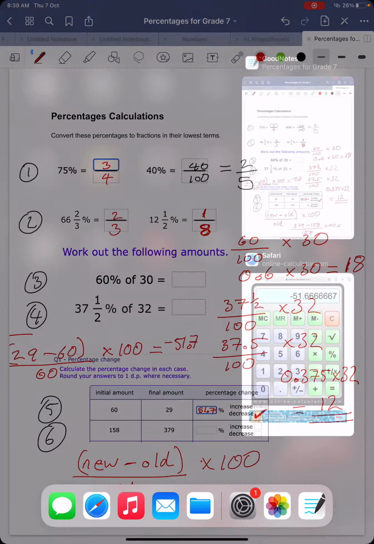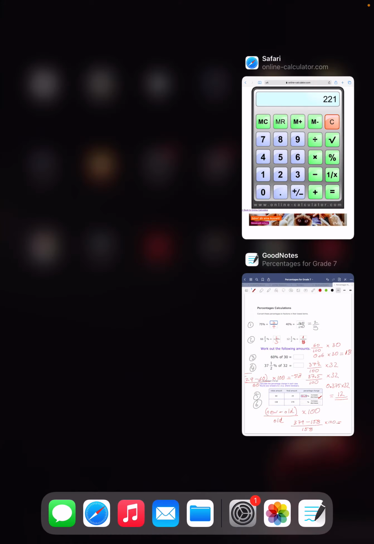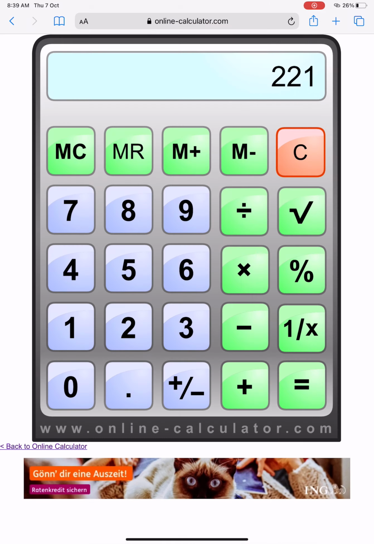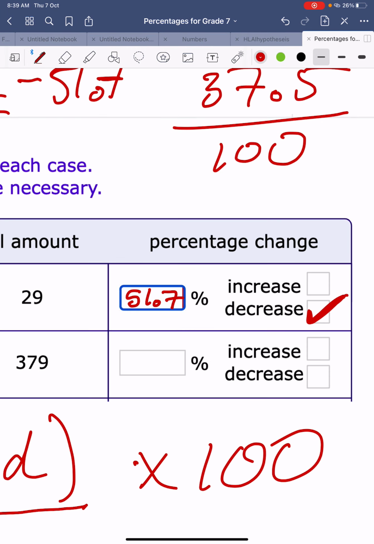Okay, and again, 379 minus 158 equals, so the change is 221, and that's out of 158, divided by 158 equals, so this is over 100%, times by 100 equals 139.9%. So the increase here is 139.9%, and it's an increase because it's positive.